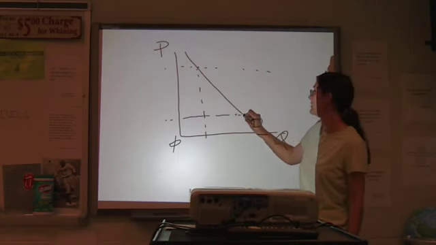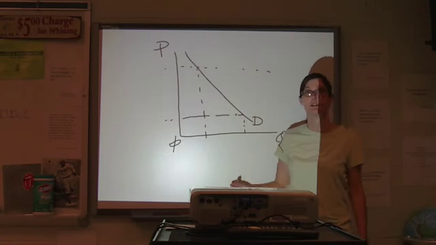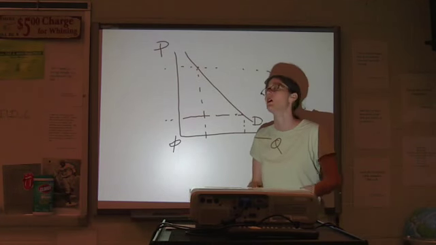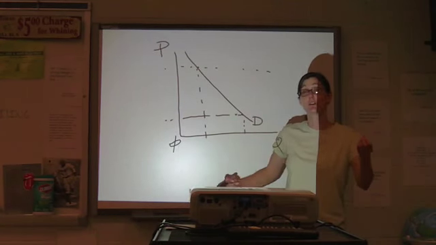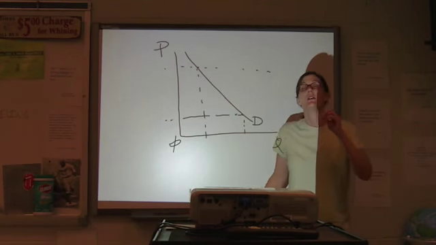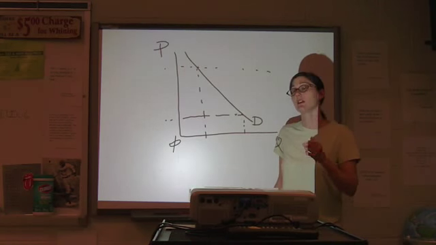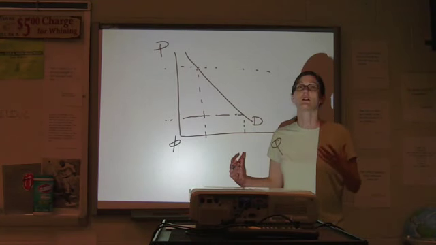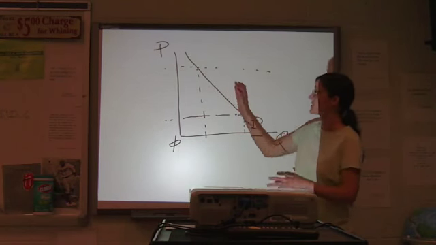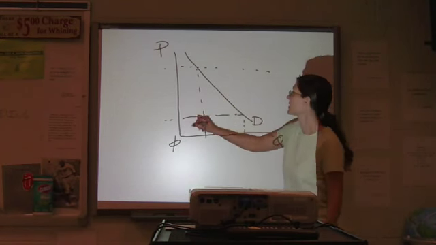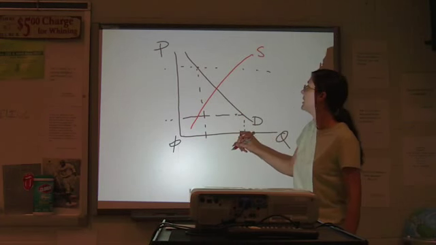When prices are low, the quantity demanded is high. Because remember, what motivates the buyer is, hey, I want more stuff cheaper, woohoo! The reason the supply curve is going to be the exact opposite is because your seller has an opposite motivation. So while your demand curve slopes down, your supply curve slopes up.